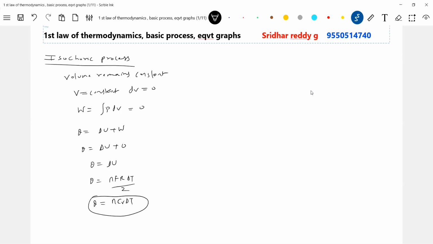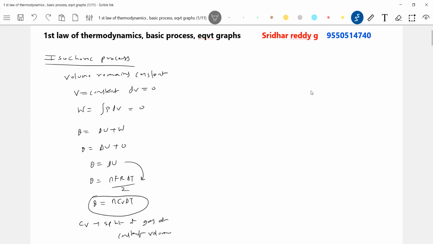So what is CV? CV is called the molar specific heat of gas at constant volume, because delta U is equal to this much. So therefore Q equals this much. In an isobaric process, what is Q? It is nCP delta T. In an isochoric process, it is nCV delta T, the heat absorbed. Work done by gas will be 0.